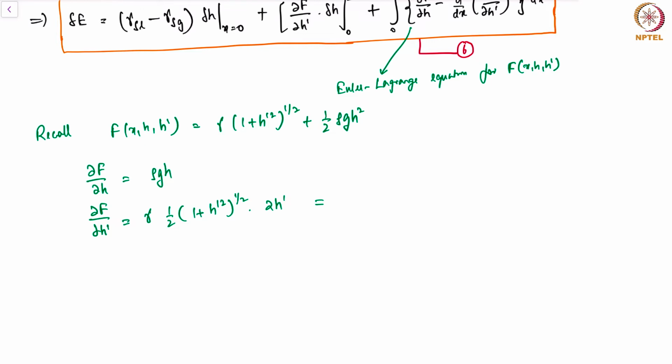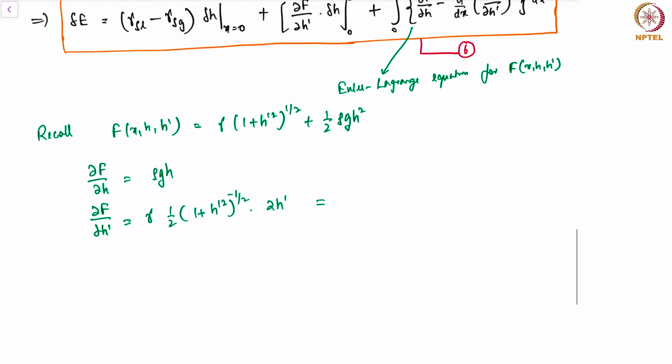We don't have another derivative again because this is the derivative of f with respect to h prime, so h prime is the variable. If I take a derivative of x square with respect to x, I will get 2x. In the same way, the derivative of h prime square with respect to h prime will simply give me 2h prime. I have a minus here, I made a small mistake. This is minus half. So now the 2 cancels out, and I have gamma h prime by (1 plus h prime square) whole power half.